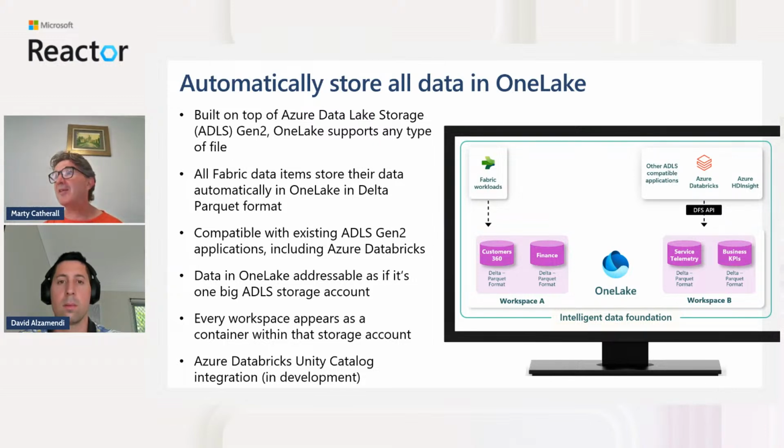So everything's compatible with existing ADLS Gen 2 applications, including Databricks. And you can also have these things that I've just referred to as shortcuts reference ADLS Gen 2 as well. So you might have data sitting out in your Azure storage that you've had for other things for many years. You don't have to necessarily copy it into Fabric, although that's an option if you want to do that.